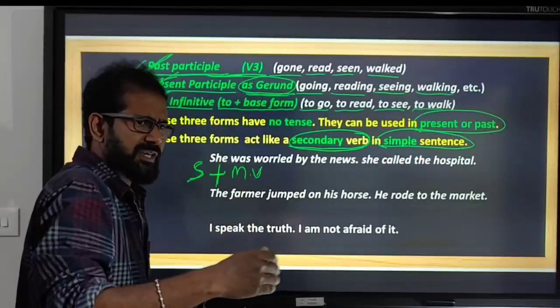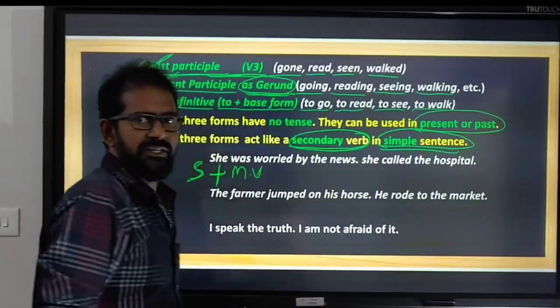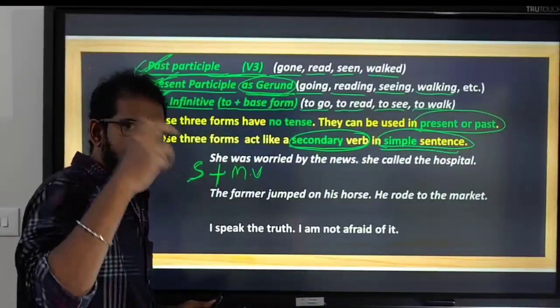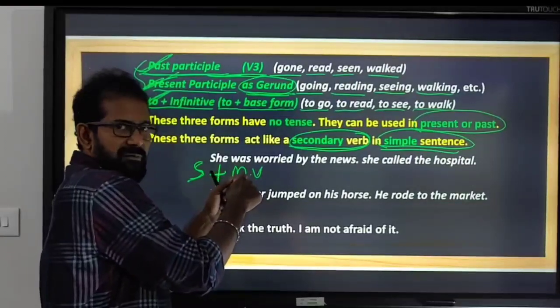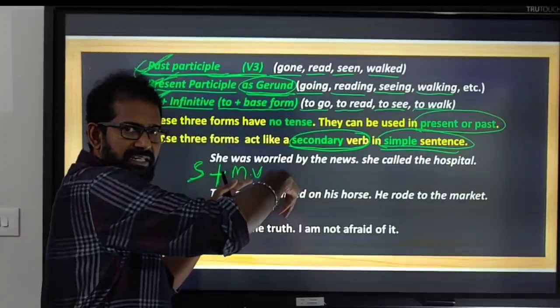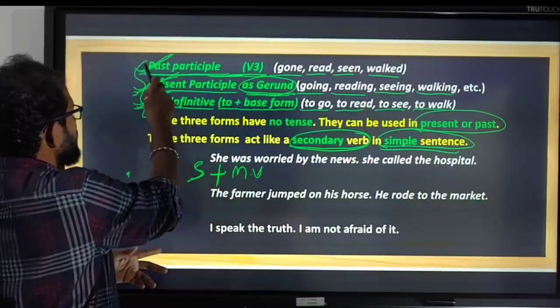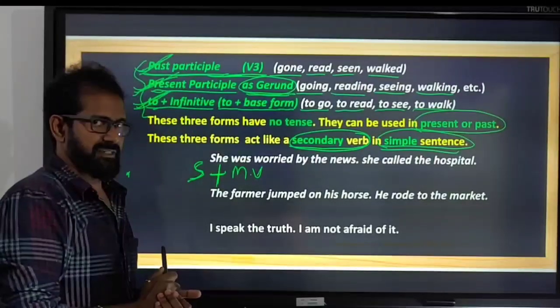Suppose we want to say more than one action in a simple sentence. A simple sentence should not have more than one main verb. But if we need more actions or more verbs in a simple sentence, then we make use of past participle, present participle, to infinitive.